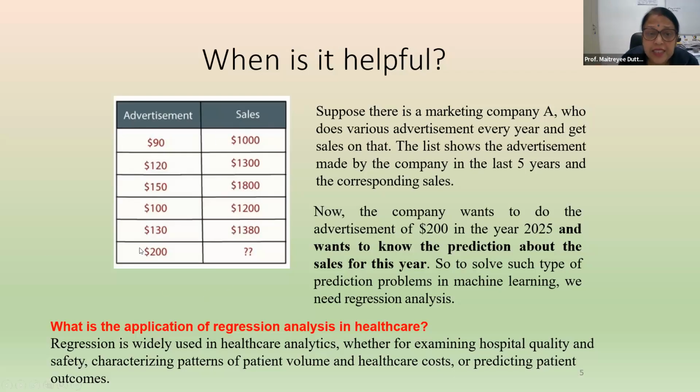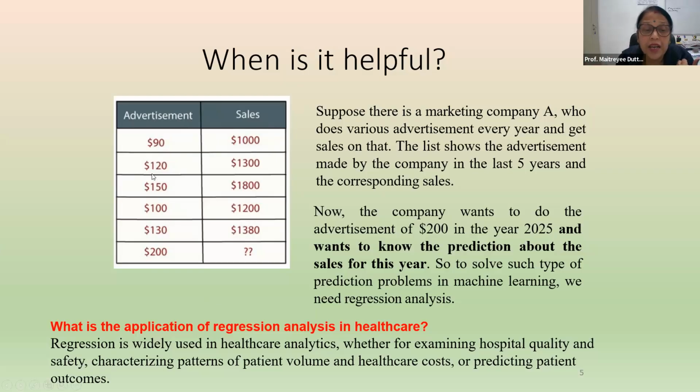So here is a simple example that I have given: if you do advertisement, how much sales are we getting, right? Similarly, year-wise, for example, with $90 of advertisement the sales is $1,000.